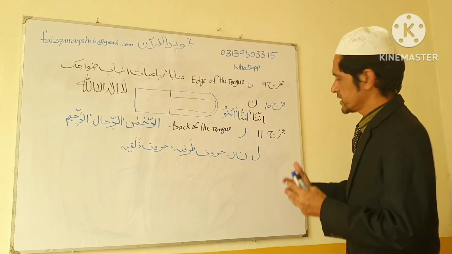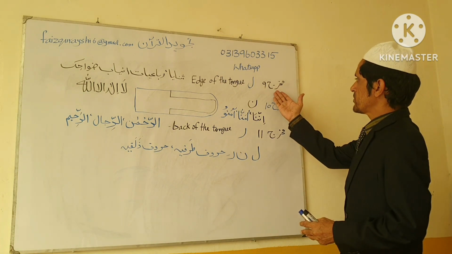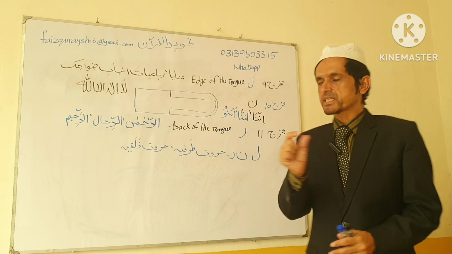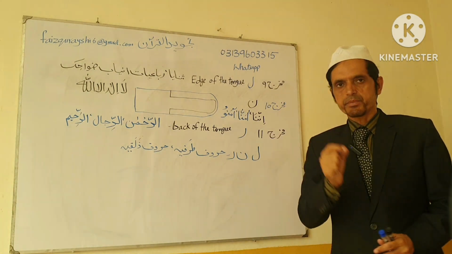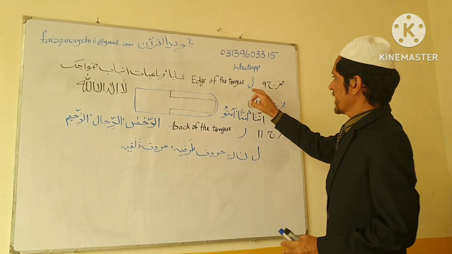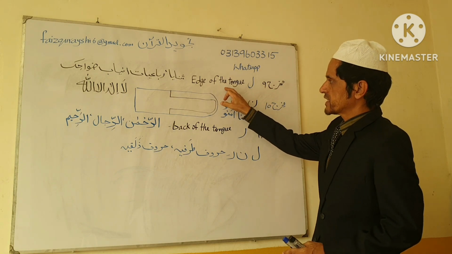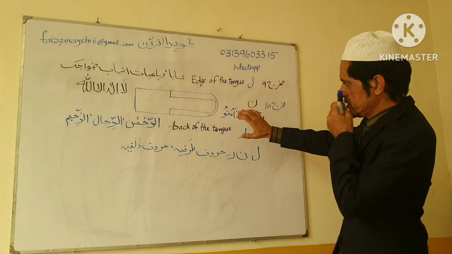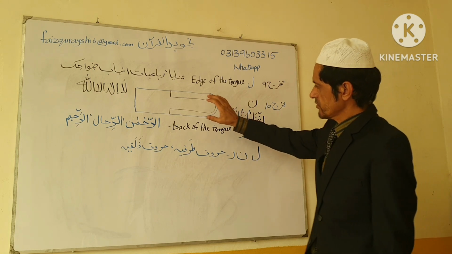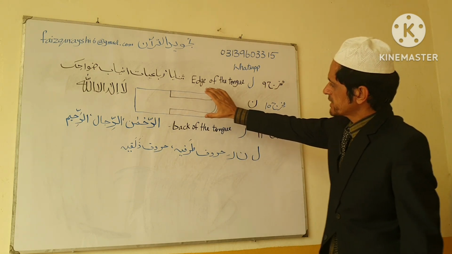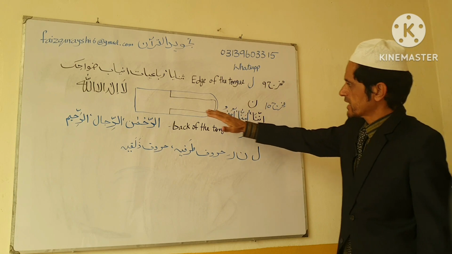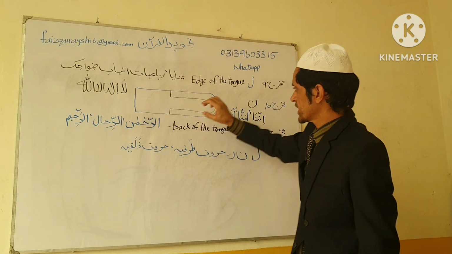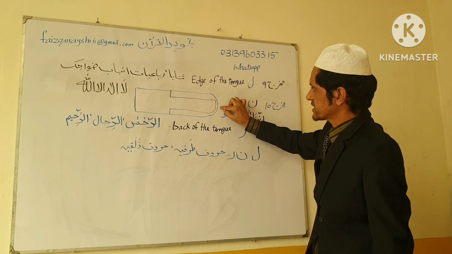This is Makharaj number 9, and the other Makharij I have already taught. Today I will teach you Makharaj 9, Lam. Lam is a letter in Arabic alphabet, and Lam is from the edge of the tongue. You see, I have made this diagram of the tongue. This is the bottom of the tongue, and this is the top of the tongue.